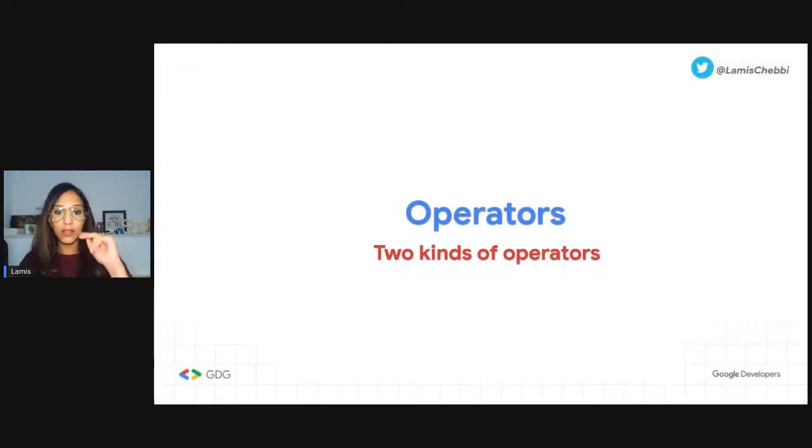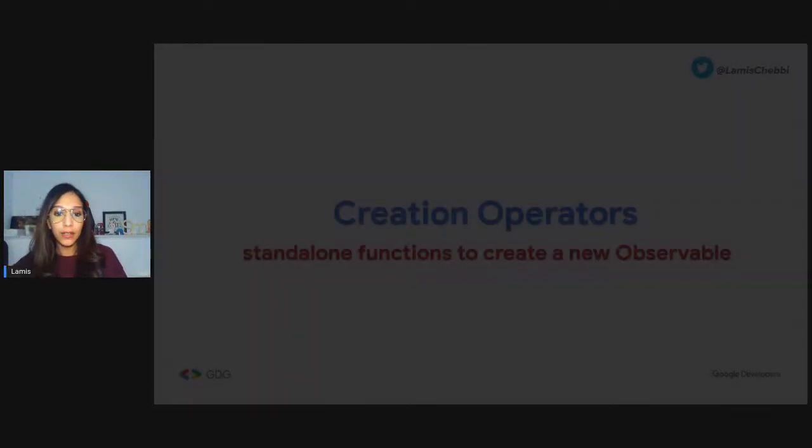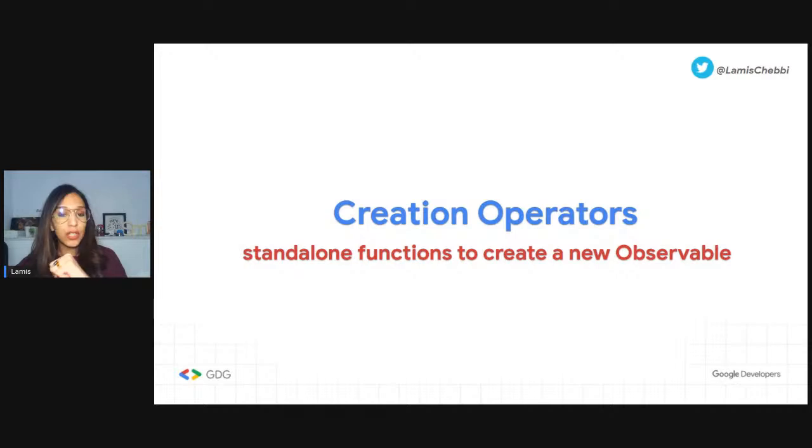And there are two kinds of operators: creation operators and pipeable operators. I will break it down right now. The first type is the creation operators. Creation operators are operators for creating observables. So you can use them in order to create an observable from scratch.